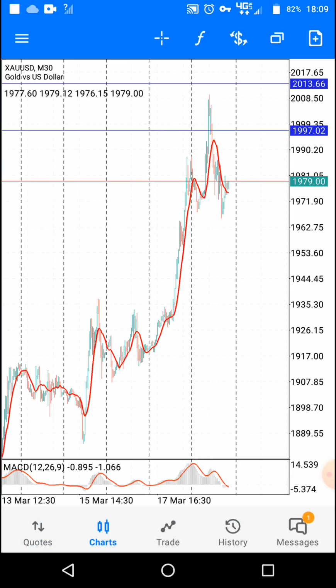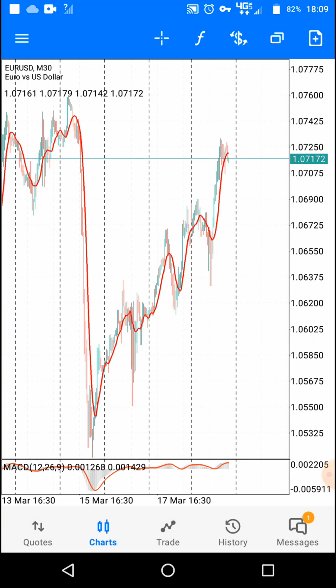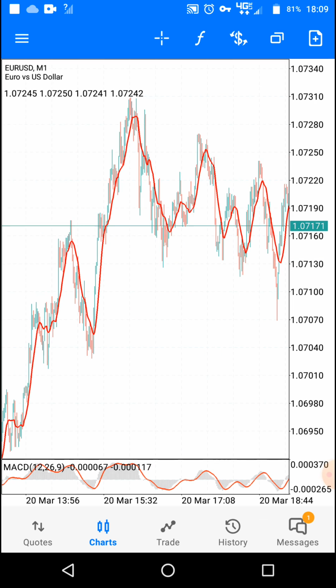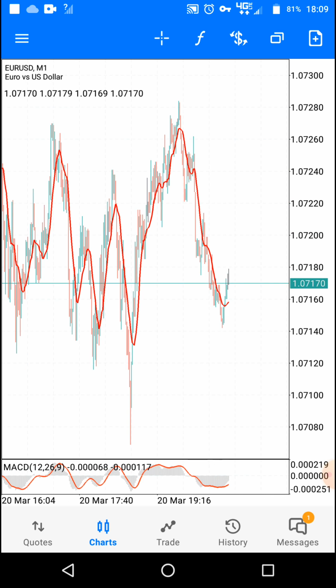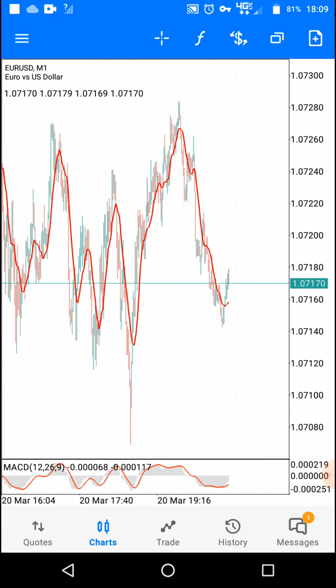Let me open gold, and let me pick euro versus US dollar, so that you guys can understand right now. This is how the chart looks. You can see the price moves up and down, up and down, up and down. With this up and down, people are making money.